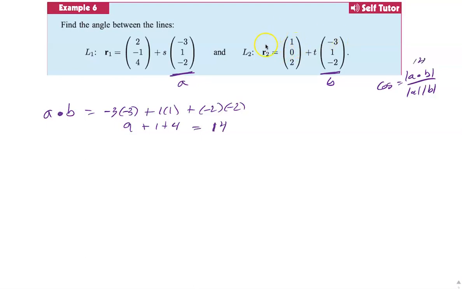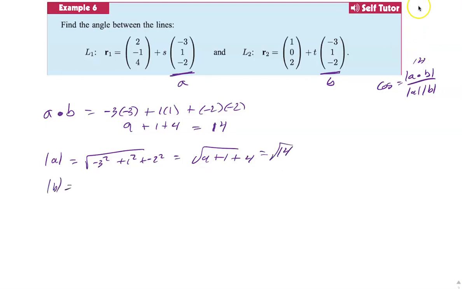And then I have to do the magnitude of A and the magnitude of B. Magnitude of A is the square root of -3 squared plus 1 squared plus -2 squared, 9 plus 1 plus 4, so it's rad 14. If you notice, they have the exact same thing. They're parallel. So B is going to be rad 14. They're the exact same.